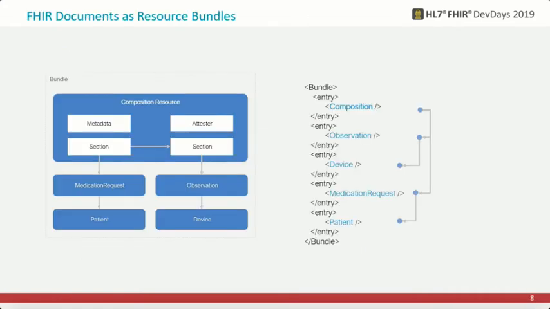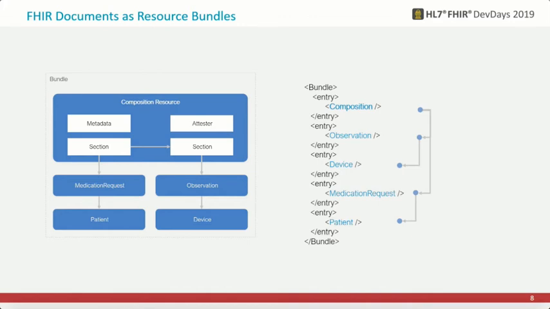So I mentioned bundling. The way that bundles work basically is you've got a bundle resource that wraps a variety of other resources. In this case, we've got a composition resource that contains all that contextual metadata about a document. It contains a series of sections. Sections in the composition resource can nest, so you can have a section that has a subsection, basically just like any other type of document when you're flipping through paper.